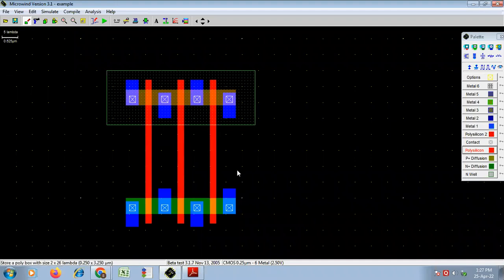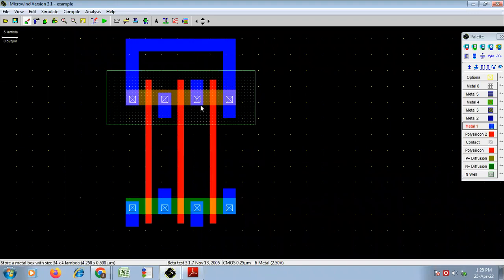Now this source of A and source of C we have to connect to the VDD. This is a source of A, this is a source of C, and we have to connect this.